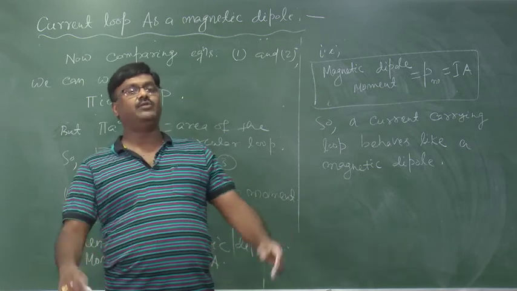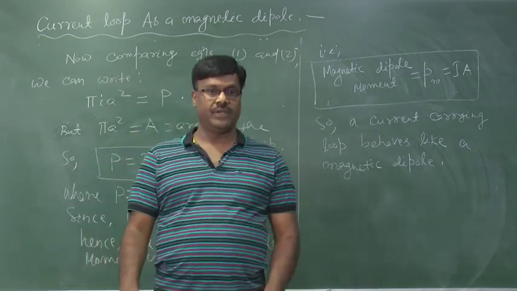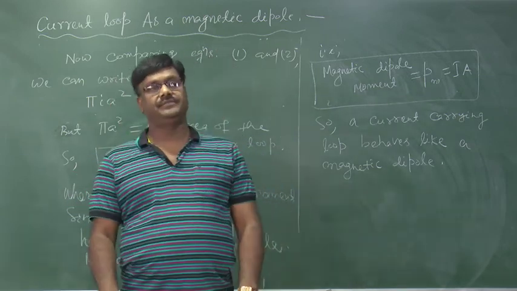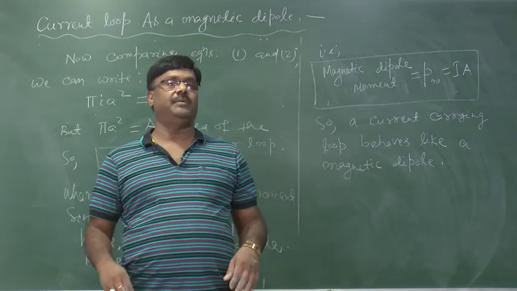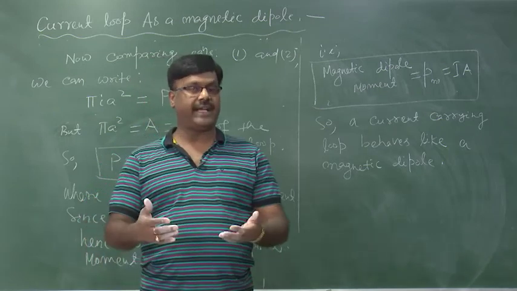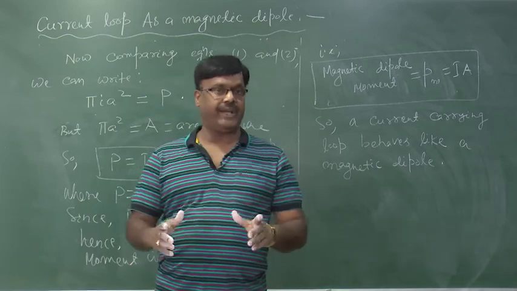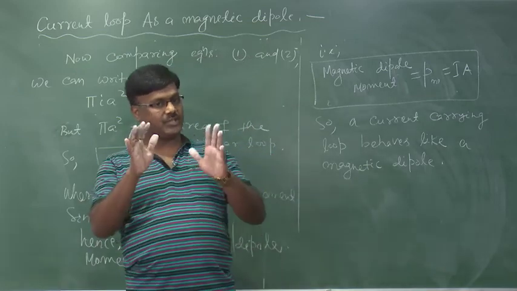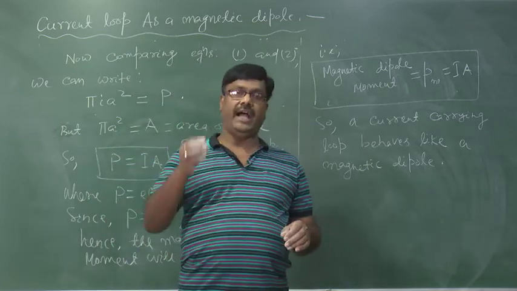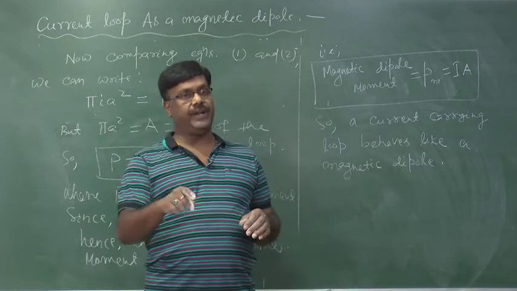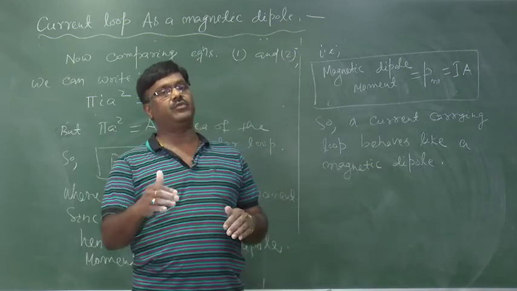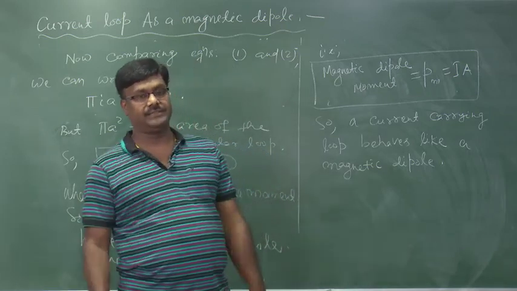Here is what we have discussed today in your class. We applied Biot-Savart's law to find the magnetic field strength at a point on the center of a circular coil carrying current and also at a point on the axis of a circular coil carrying current.